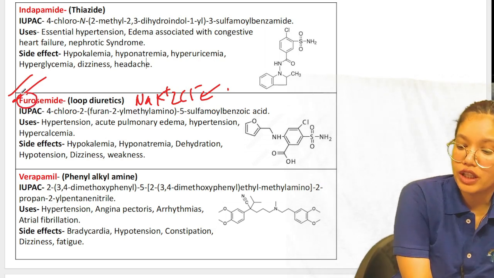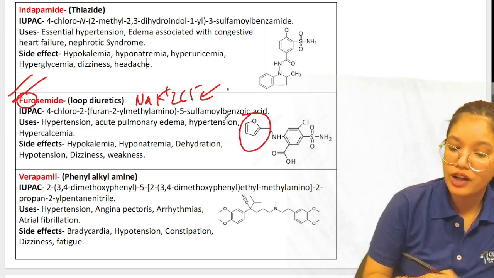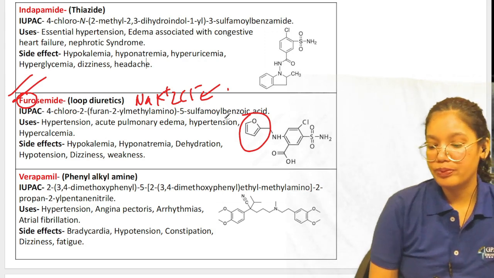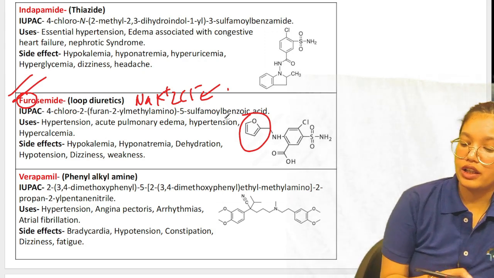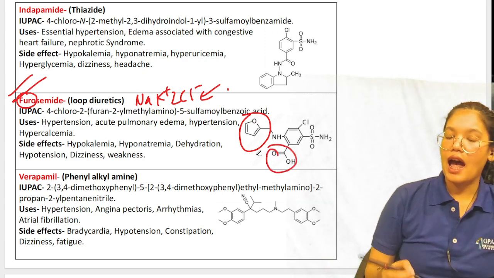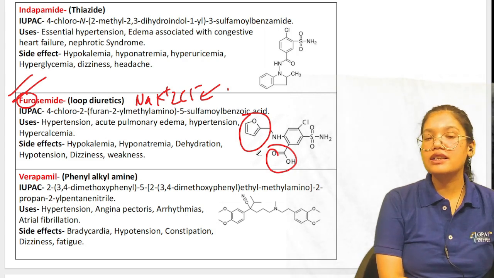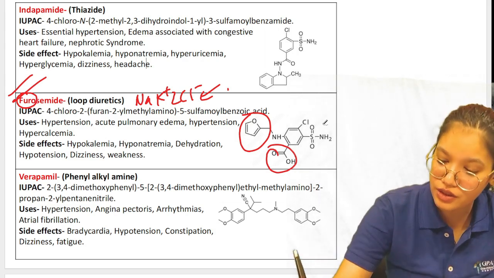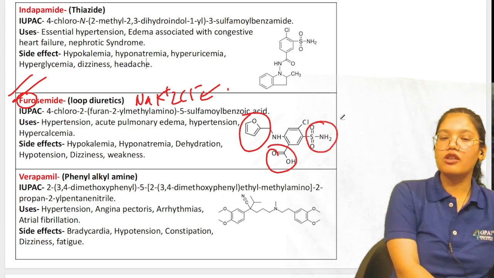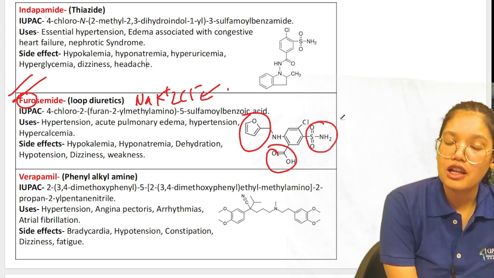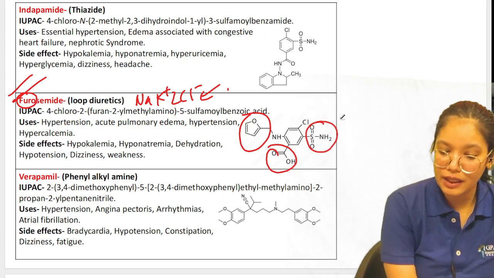So from furo we can remember it has a furan ring. Okay, so along with the furan ring it has a carboxyl group, and as I already discussed, the diuretics have a sulfonamide group in its structure. So here we also have a sulfonamide group that is attached to the chlorobenzene again.